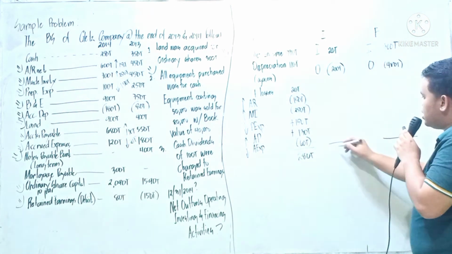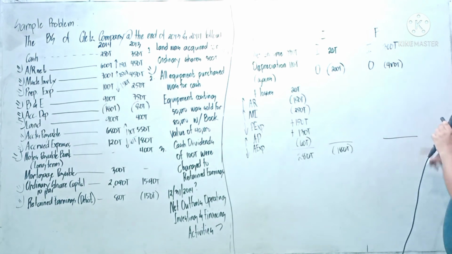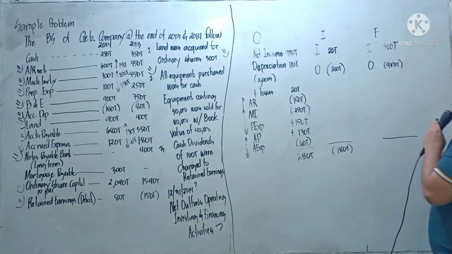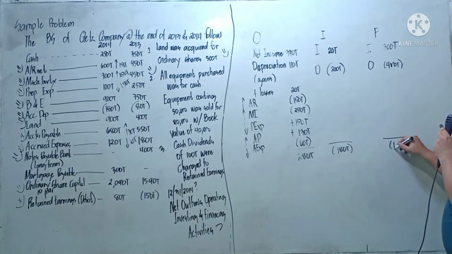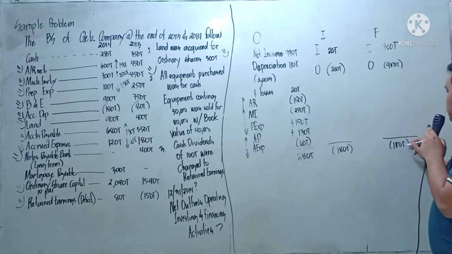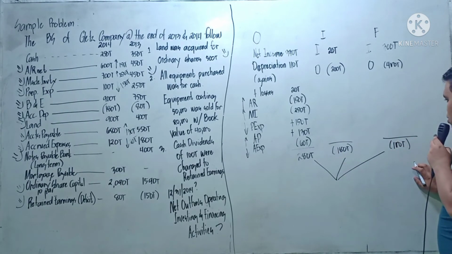And we have negative 180 on the investing side. And we have the financing at negative 100. So overall, if you summarize it, zero. Is it zero?